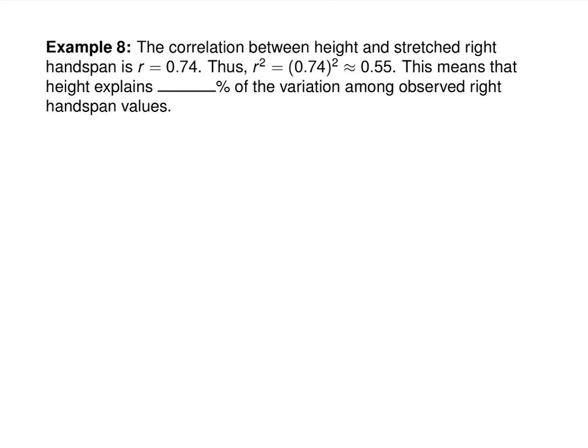So the correlation between height and stretched right handspan is r equals 0.74. Squaring that, we find that r squared is 0.55. And this tells us that 55% of the variation among observed right handspan is explained by height.